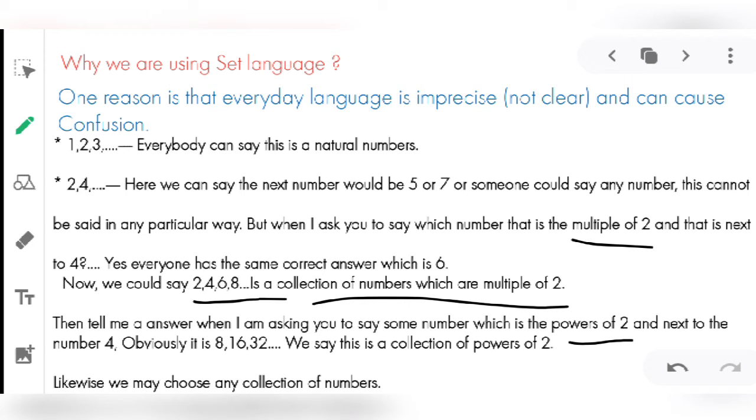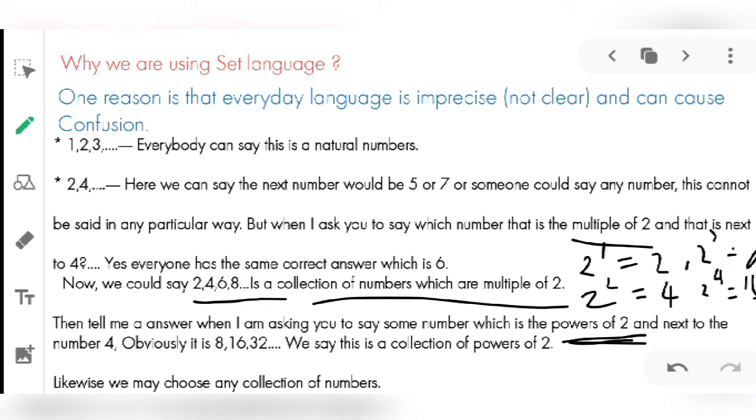In case we are asked for the powers of 2, we can obviously say that these are the powers of 2: 2 power 1 is equal to 2, 2 power 2 is equal to 4, 2 power 3 is equal to 8, and 2 power 4 is equal to 16, etc. We can say it like this, and these make a collection also, which is the collection of powers of 2.